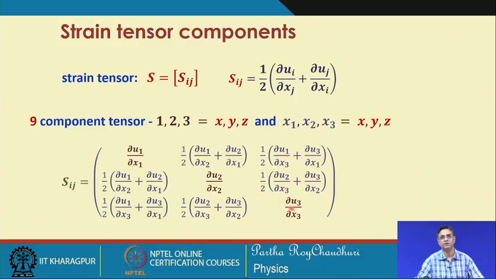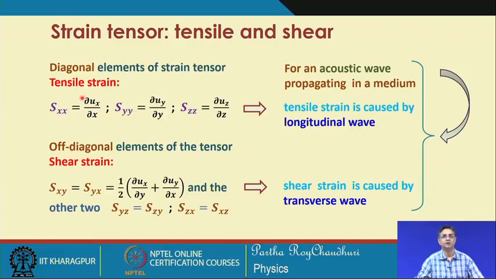The diagonal elements correspond to the normal strain, whereas the off diagonal elements correspond to the shear strain. So, how does this S_ij come into the picture in the case of acoustic waves?